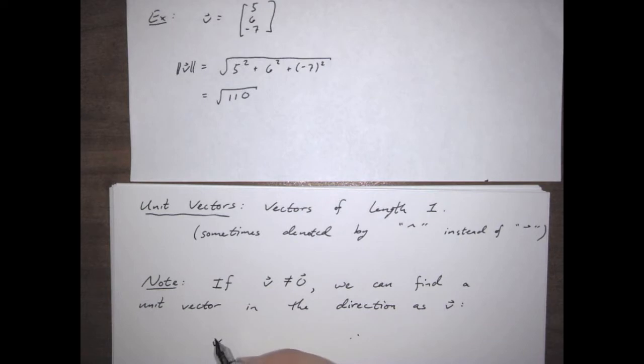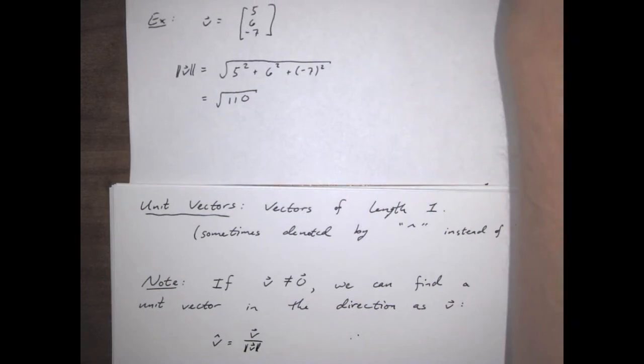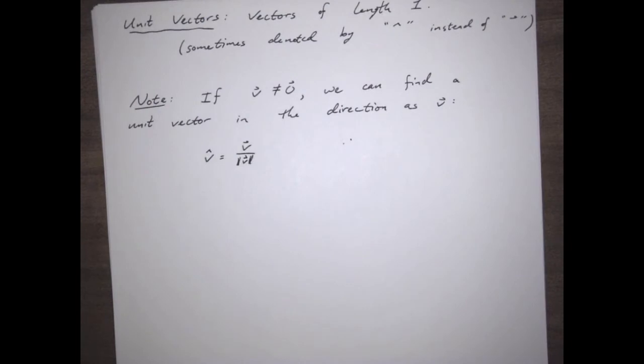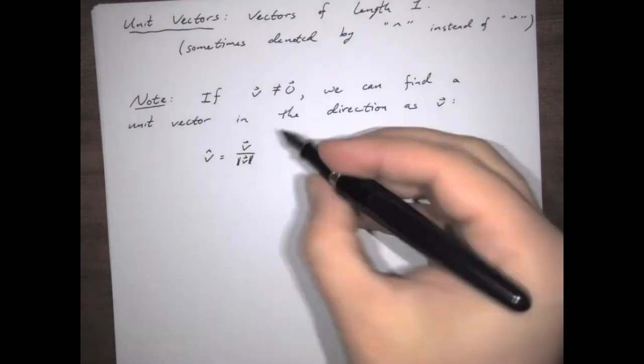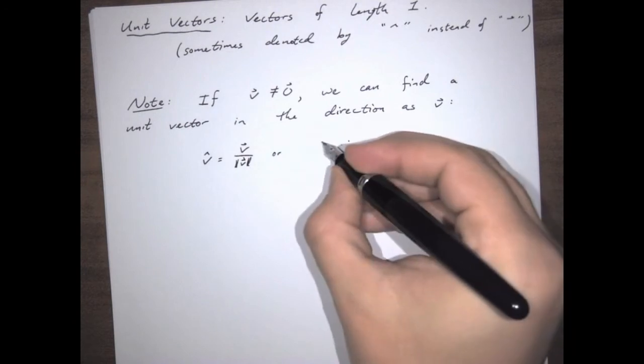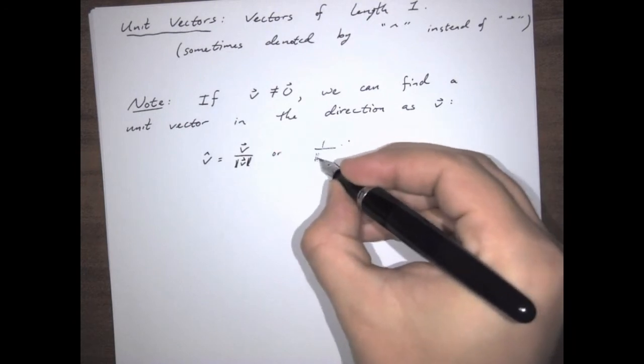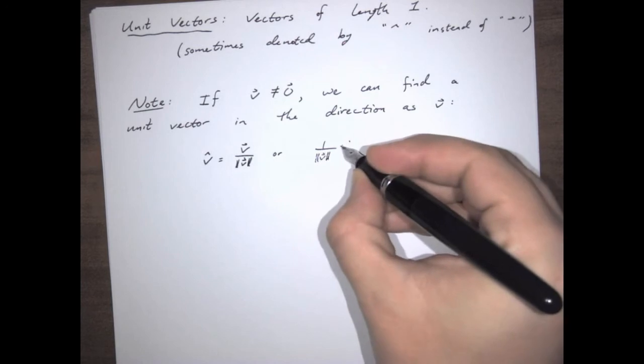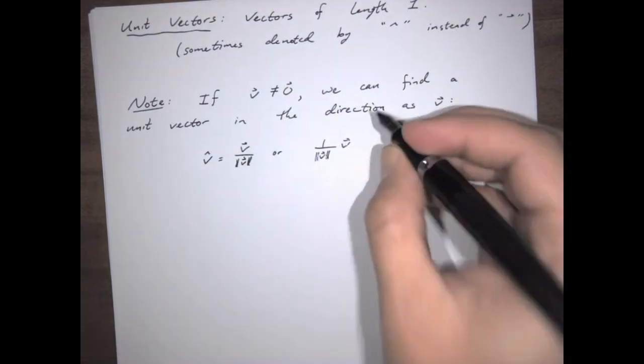So we could say v hat is equal to v divided by the magnitude of v. So if you divide a vector by its own magnitude, then the magnitude will become 1. And you can also write it as 1 over magnitude of v times v.